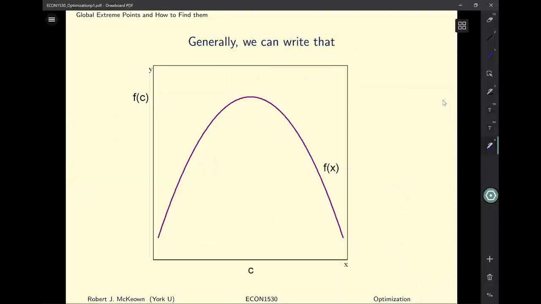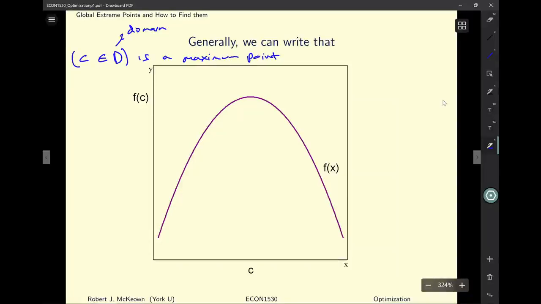Now, very formally, we could write, let C be in the domain D. So this is the domain. And this whole thing is a maximum point for f, the function f.